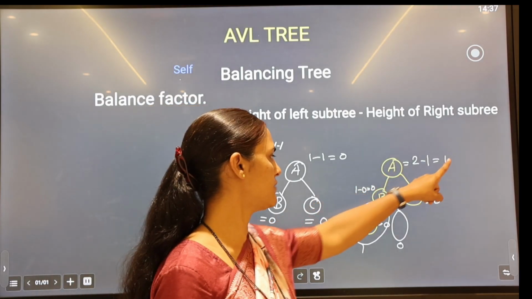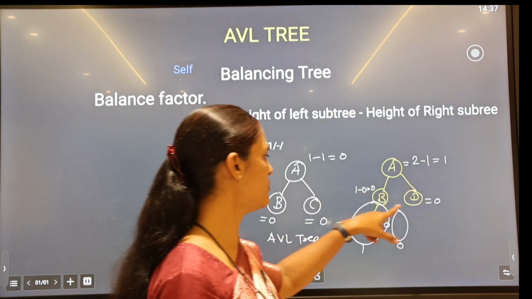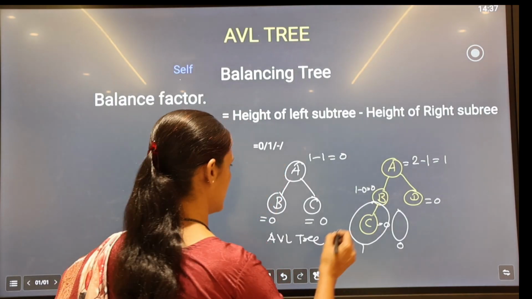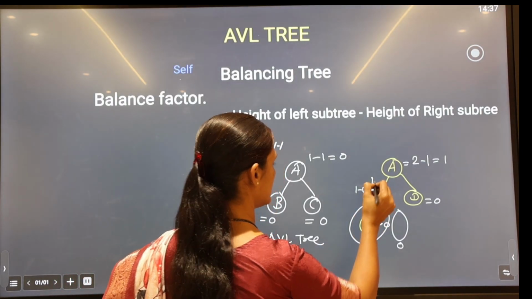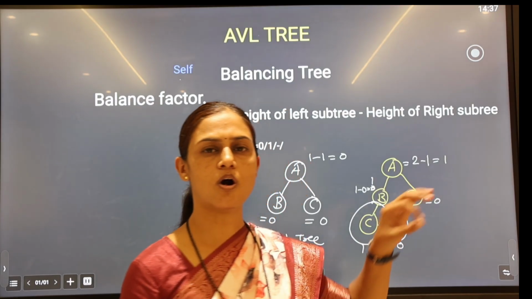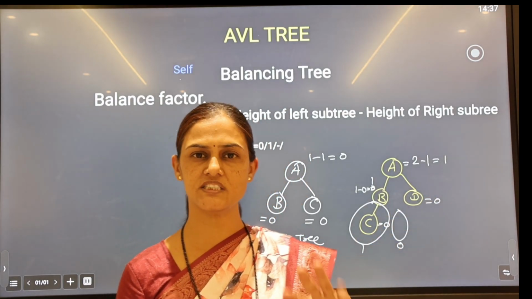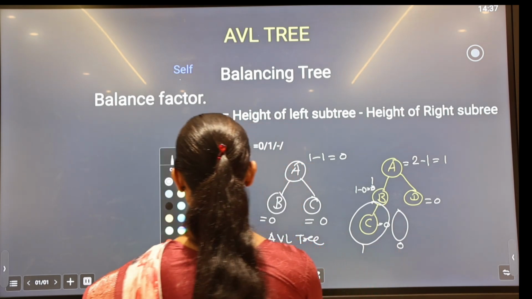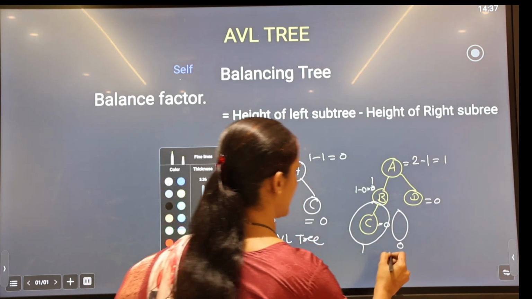So A balance factor 1, B 1, there is one mistake done by me, 1 minus 0, 1. Balance factor of D 0. So all nodes have balance factor either 0, 1 or minus 1. Therefore this is also an AVL tree.